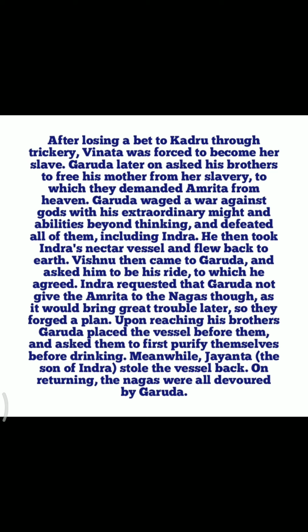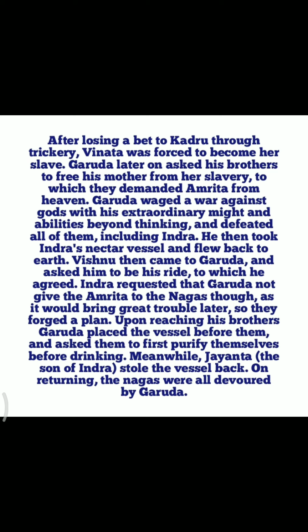So they forged a plan. Indra comes up with a cunning plan again. This Indra guy is almost like Enki, a trickster god. Upon reaching his brothers, Garuda placed a vessel before them and asked them to first purify themselves before drinking.